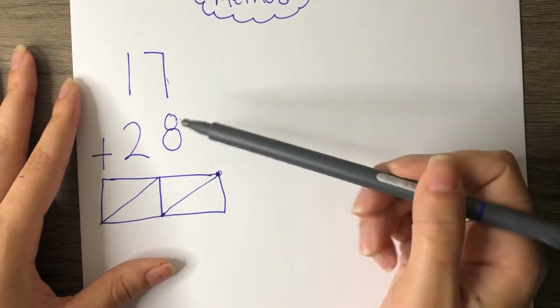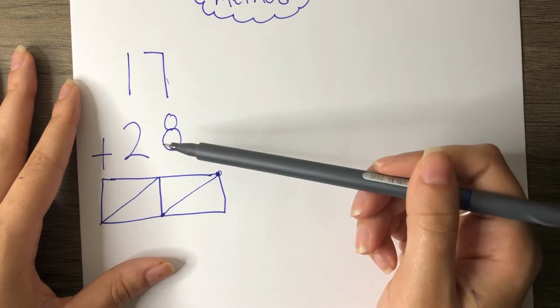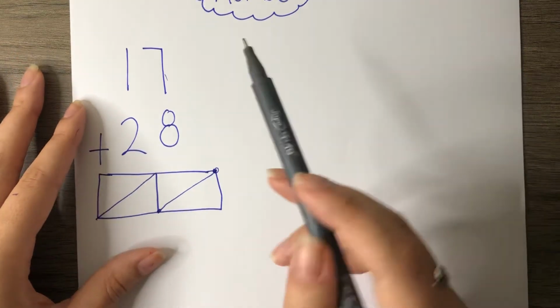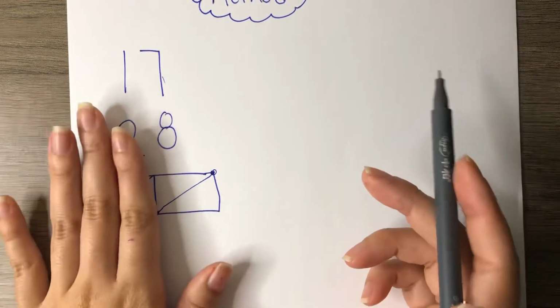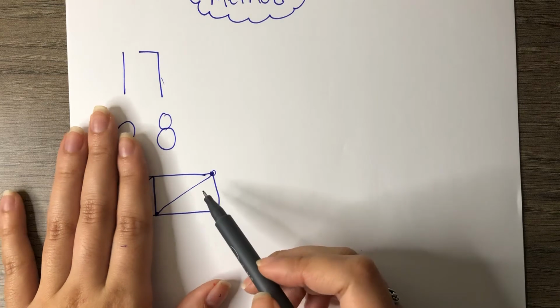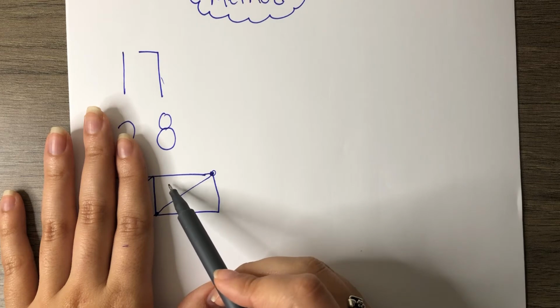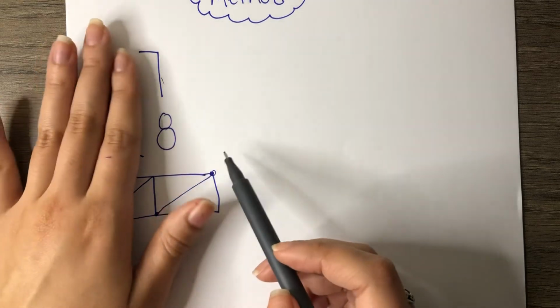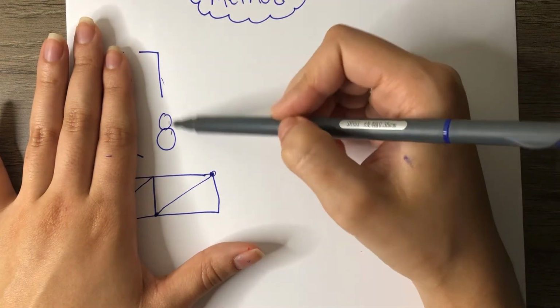So let's add. First from our ones place, 8 plus 7 plus 8 equals 15. So how are we going to write this in our boxes? As you see now, we split our boxes into 2 sections, right? This bottom section is going to be our ones place, and this top section is going to be our tens place from the addition that we did here.